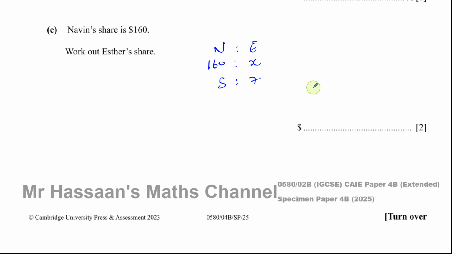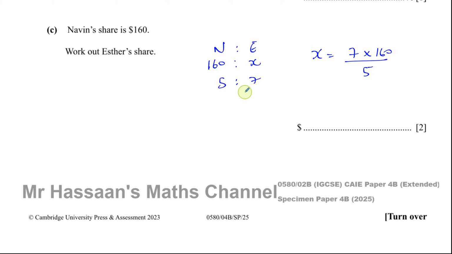So we can just simply cross multiply. X is going to be 7 times 160 over 5, because whatever you have to multiply 5 by to get there, you have to multiply 7 by to get there.